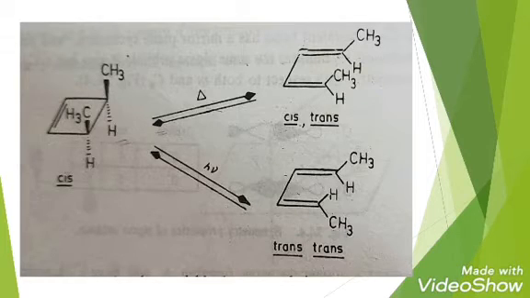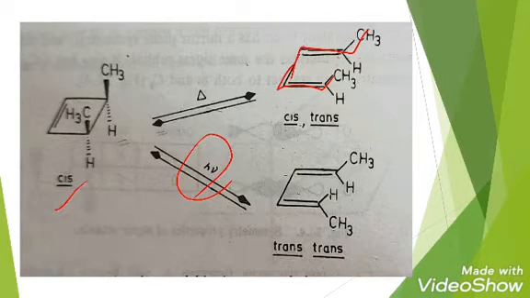Under thermal conditions, the cis dimethyl cyclobutene produces cis,trans-2,4-hexadiene. And the same reactant under photochemical conditions produces the trans,trans product.